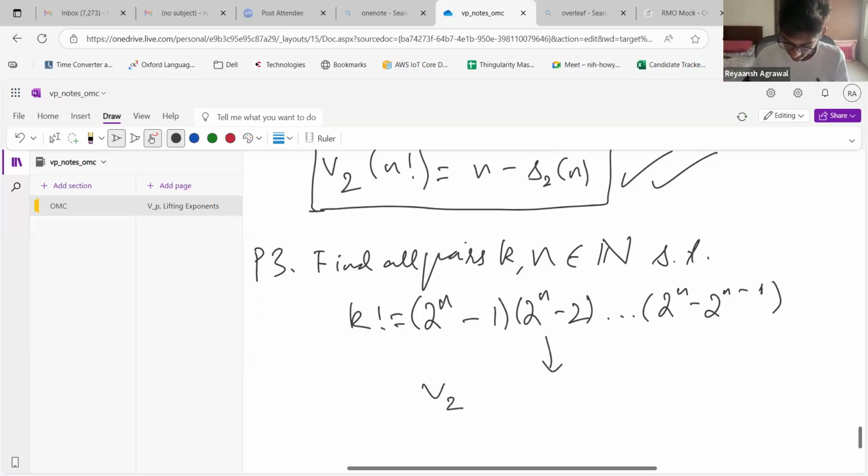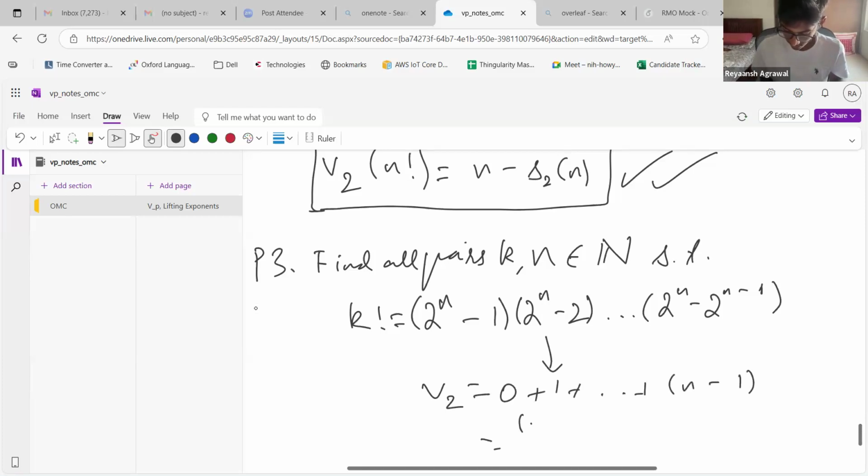If I consider the V2 of this, it will be 0 plus 1 till n minus 1. And if you think about it, that's a very large VP, right? Also these numbers are quite spread out, and they'll have a lot of different prime factors. So that's what makes us think about VP.